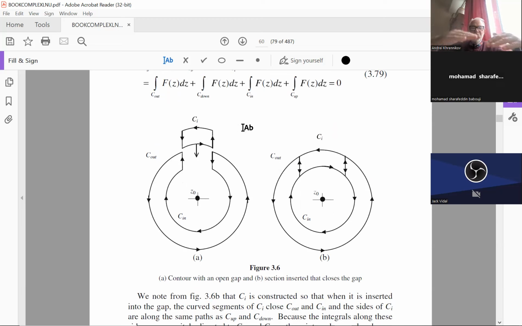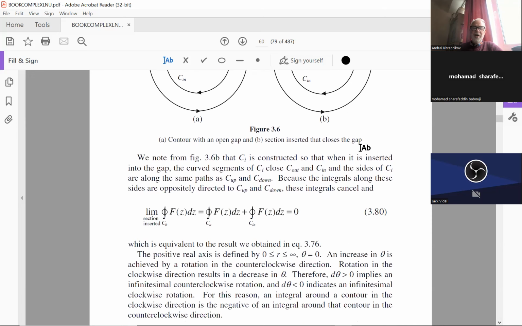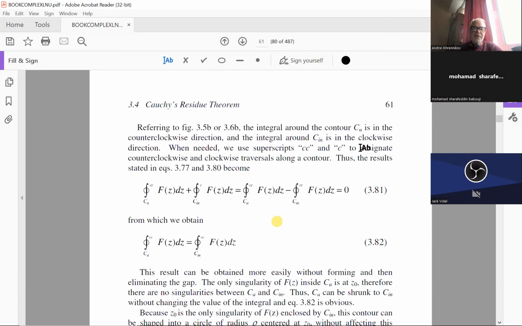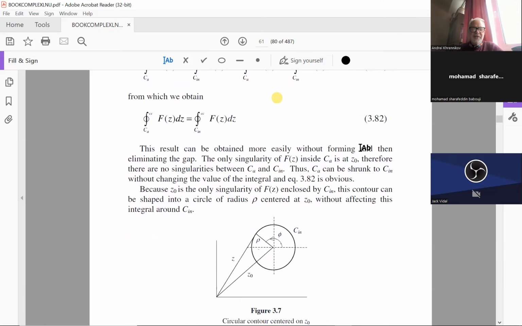And now we move this inside. This one, which was from here, compensates this one, 0. This one, which was here, compensates this. So these disappear, and we again get what we wanted. So the idea is very simple, so we can omit all this writing.